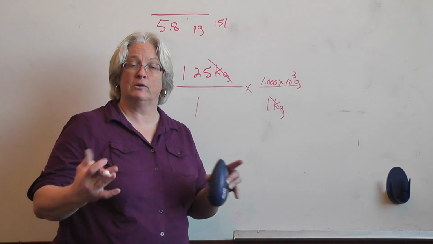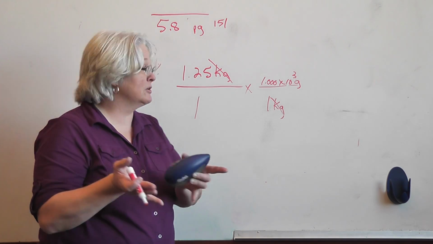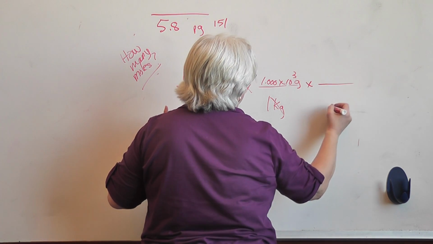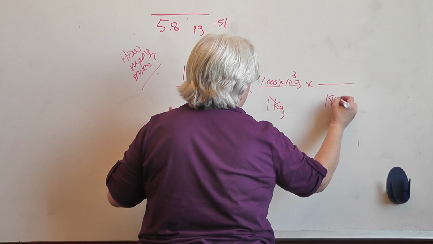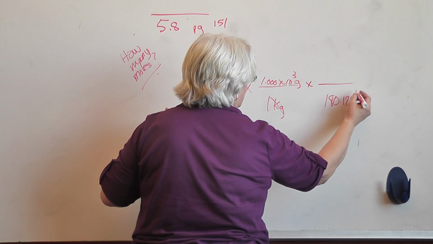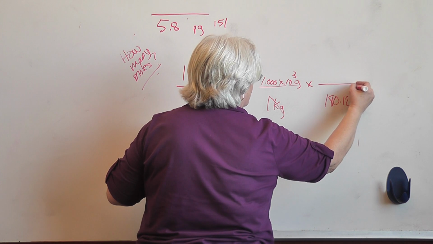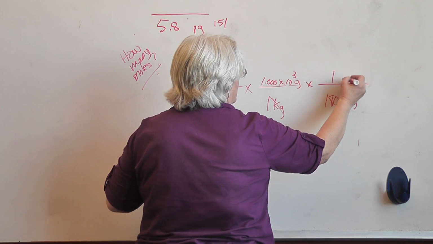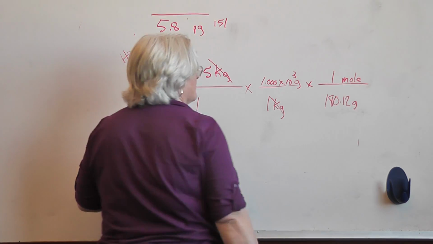Now, we learned that a molecule of sugar has an atomic mass of 180.12 AMUs, which tells us that 180.12 grams of sugar makes up 1 mole.